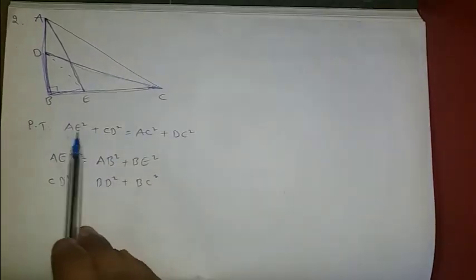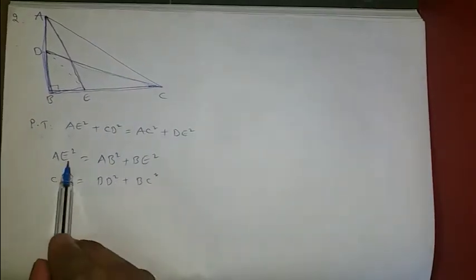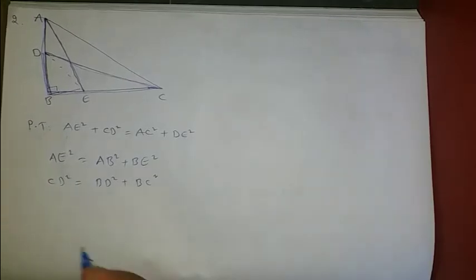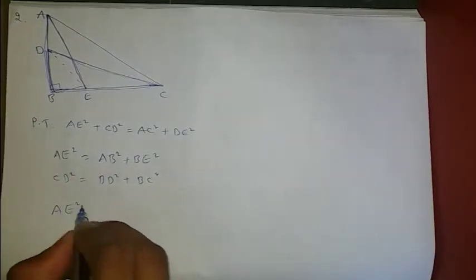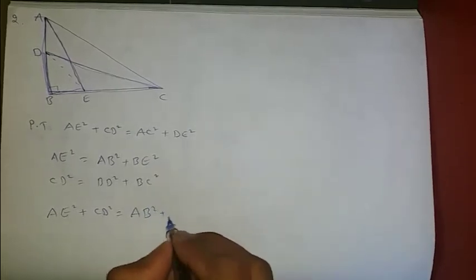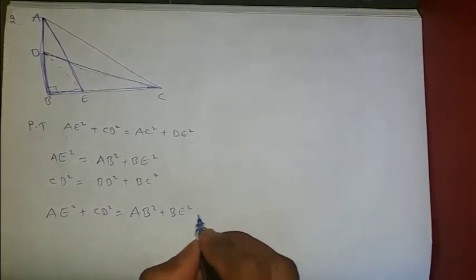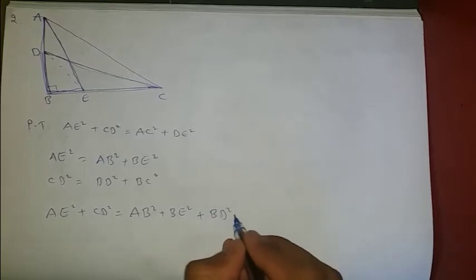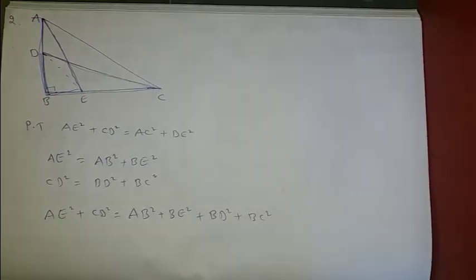Now we want AE square plus CD square. So we have AE square as well as CD square, and I will add these two. If we add, AE square plus CD square is equal to AB square plus BE square plus BD square plus BC square.